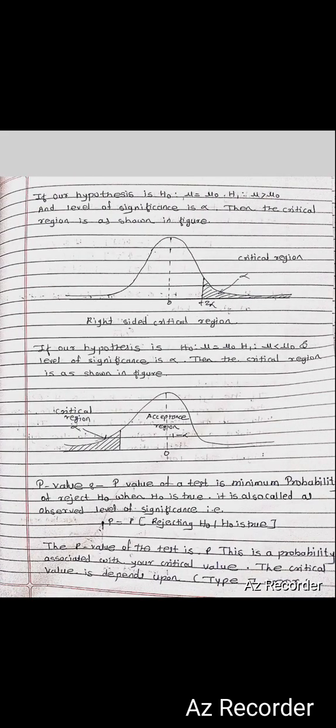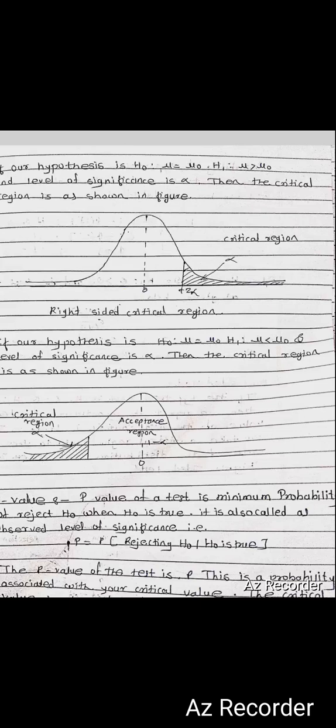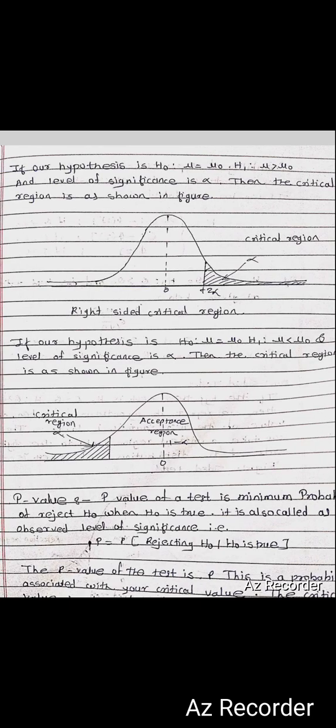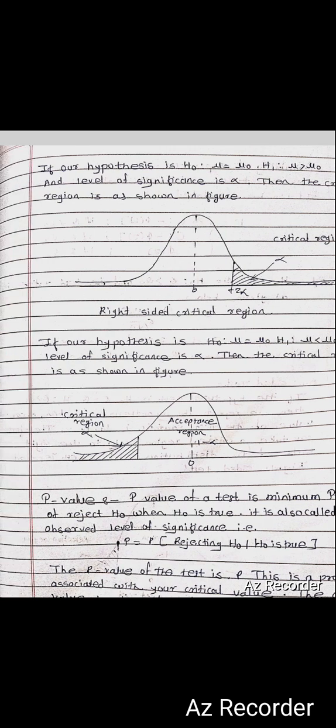Here mu is greater than mu naught, a one-sided hypothesis, so there is a single critical region. In the second diagram we show that mu is less than mu naught.